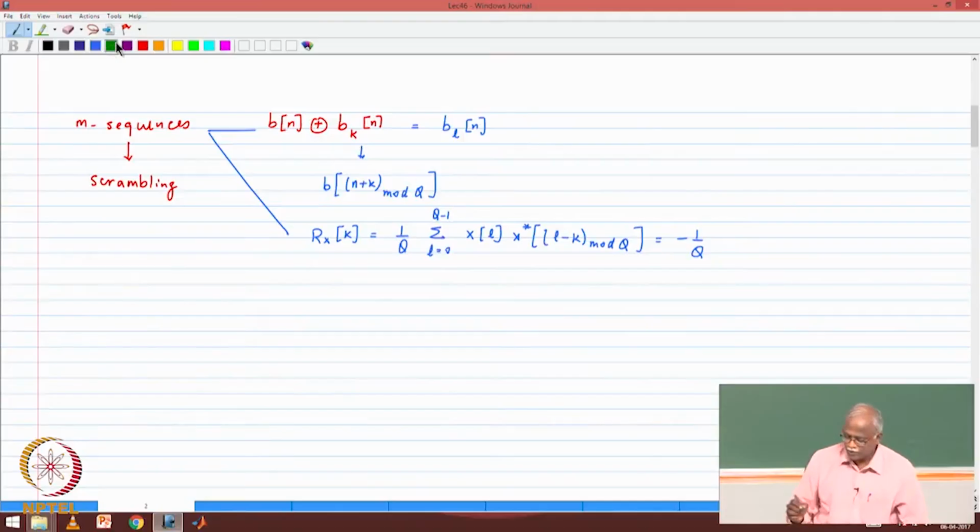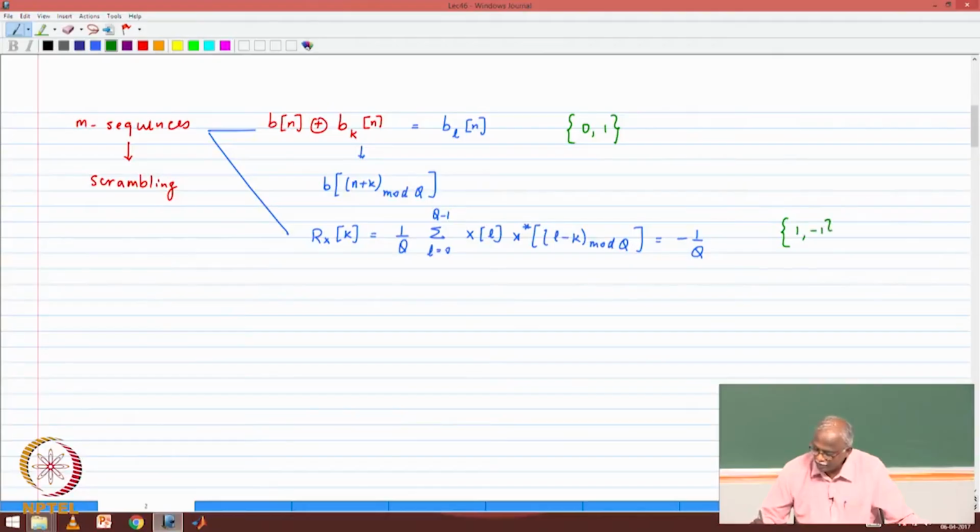Maybe it's good for us to mention right here that we have used both representations of M sequences. For example, the shift property is based on the binary representation because you're doing modulo 2. The correlation property, the way we have written it, is based on the bipolar representation, so a 0 mapping to 1 and a 1 mapping to minus 1, or in other words, x of i is equal to 1 minus 2 times the corresponding bit value.